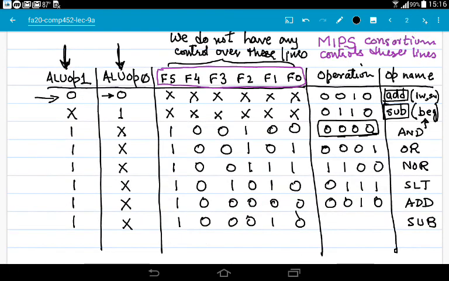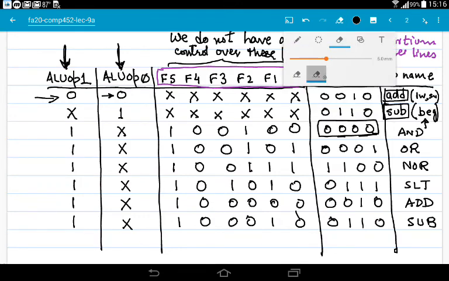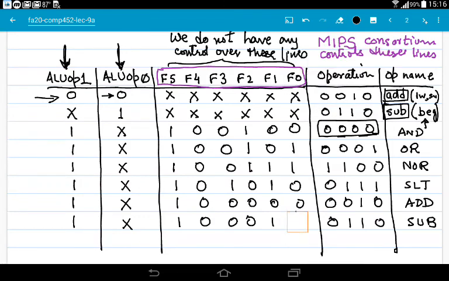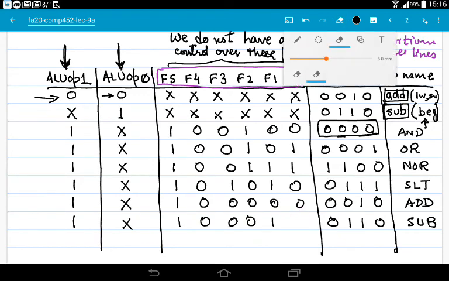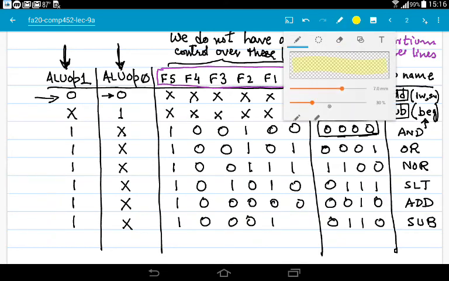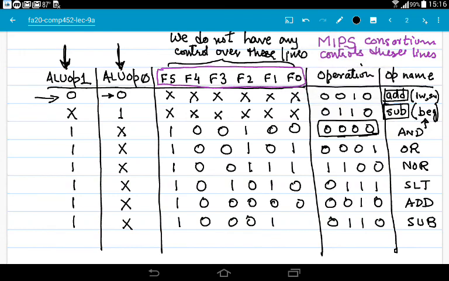So we come here and write 0110. Let me actually erase this and rewrite it. Is this good?